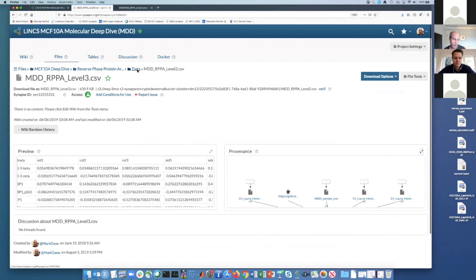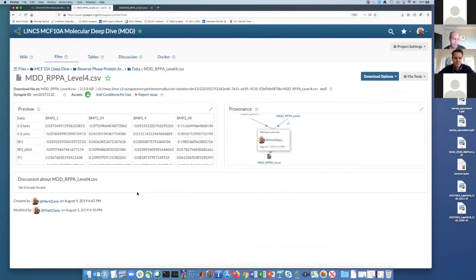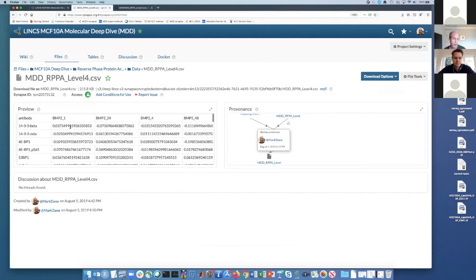The next level up from level 3 is level 4, where we've taken all of the replicates and median summarized across those replicates to get data that is easier to use and more direct to use.